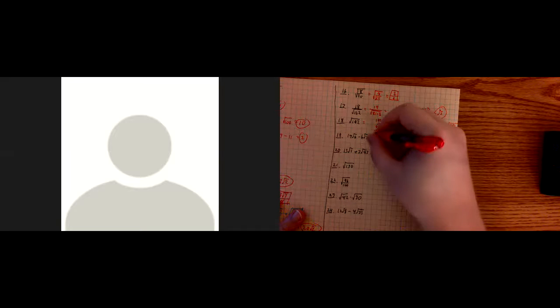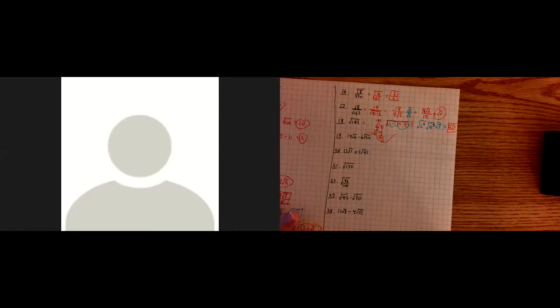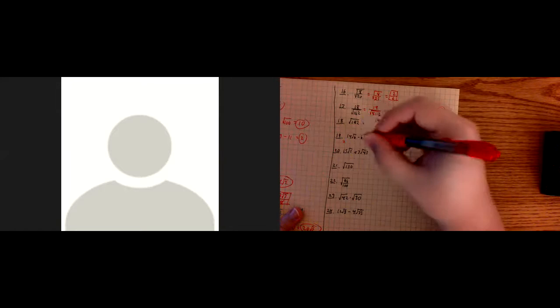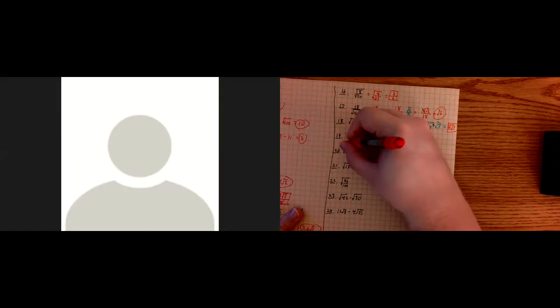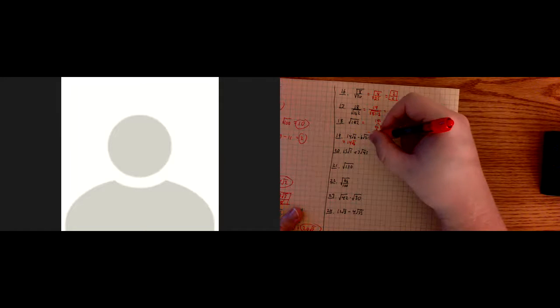Okay, 19. On 19, the best thing to do here is to simplify first. 14 square root of 6 is as simplified as it can be, but 6 square root of 24 is not.